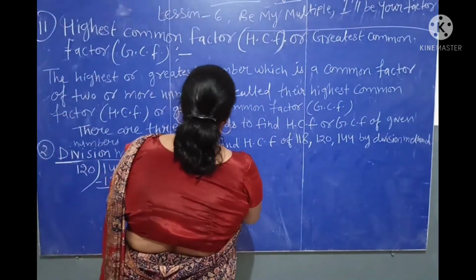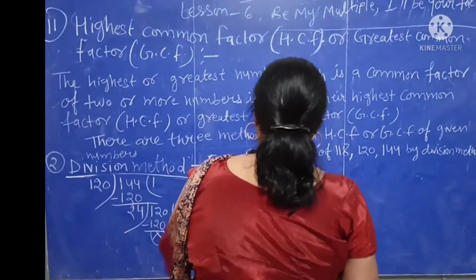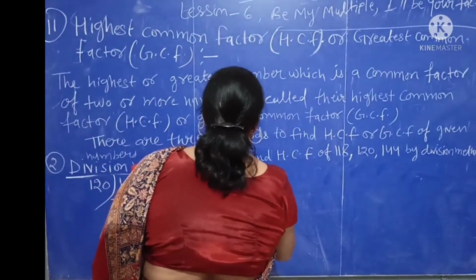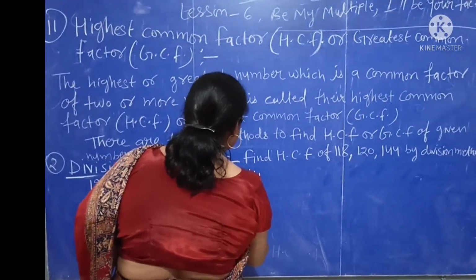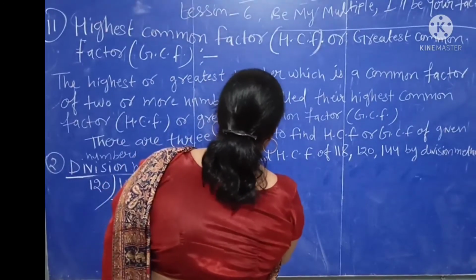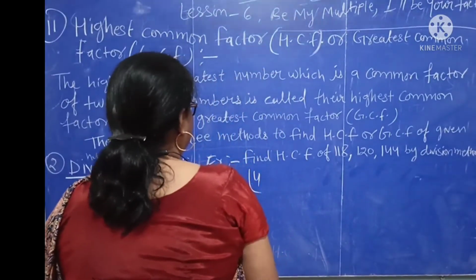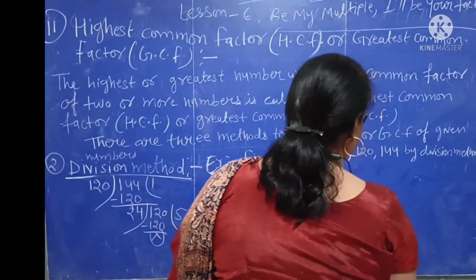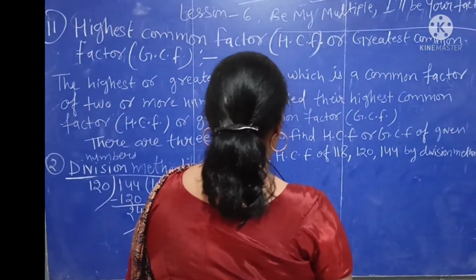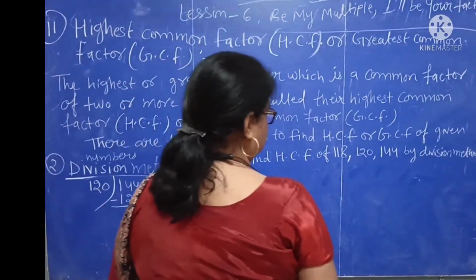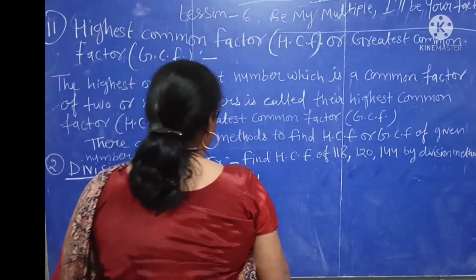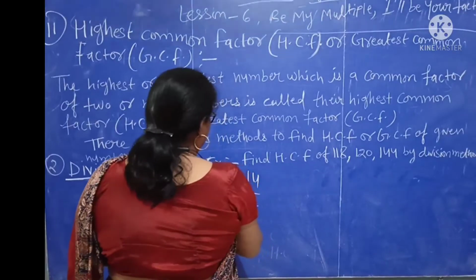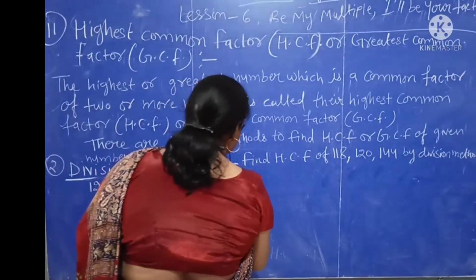Let's divide. 24 4s are 96. Here is 96. So let's subtract: 8 minus 6 is 2, and here is 11, 11 minus 9 is 2.